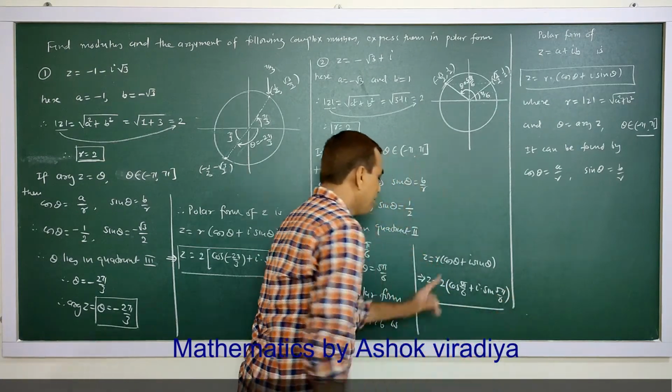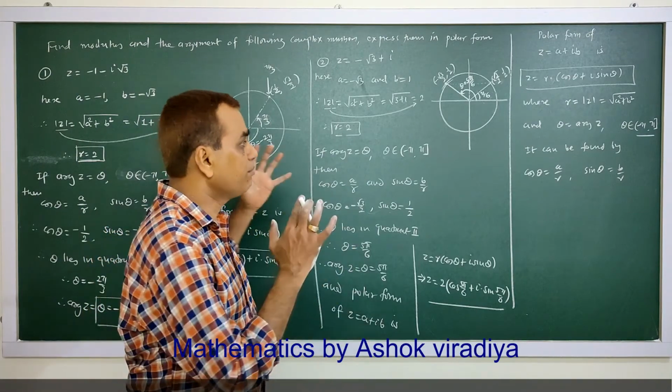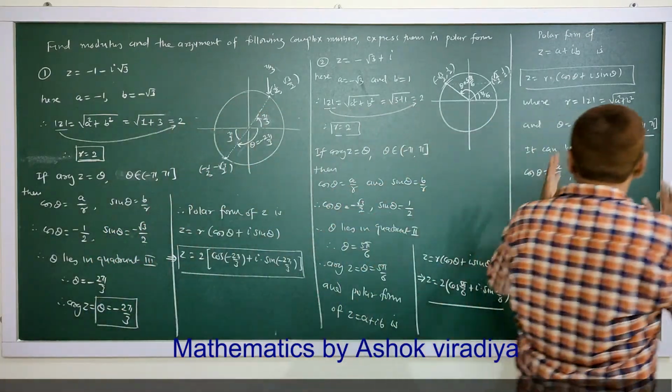So this is the polar form of this complex number. So to find a polar form, we use this method.